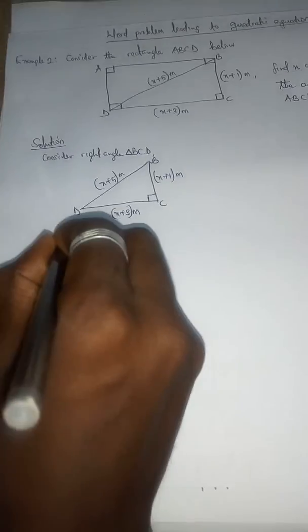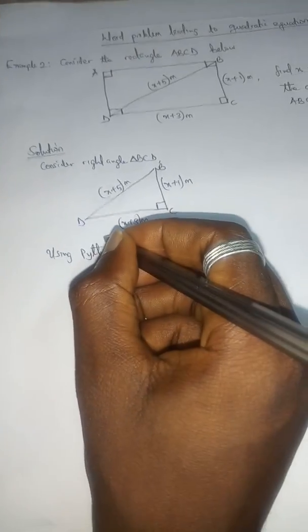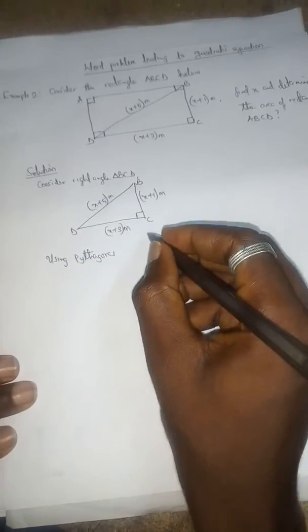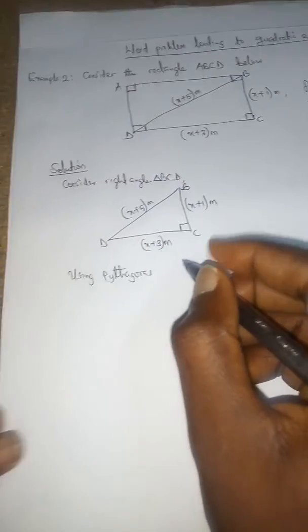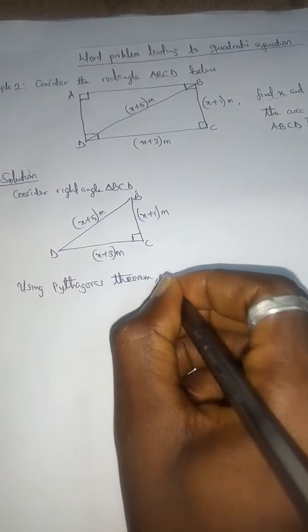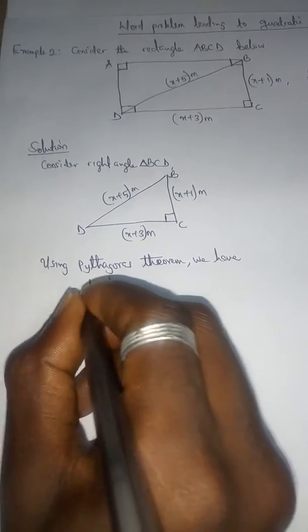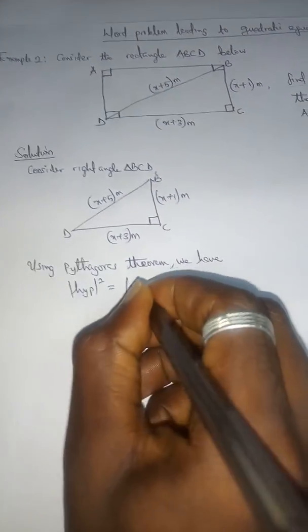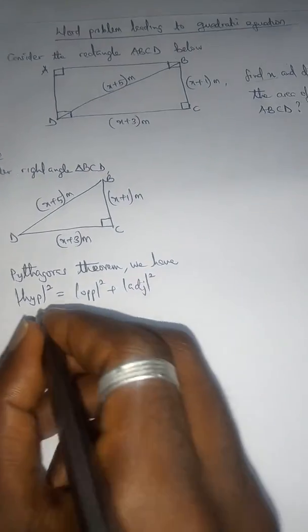With this, we can now use Pythagoras theorem. Using Pythagoras theorem, the hypotenuse square equals opposite square plus adjacent square.